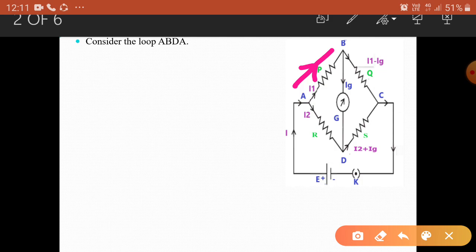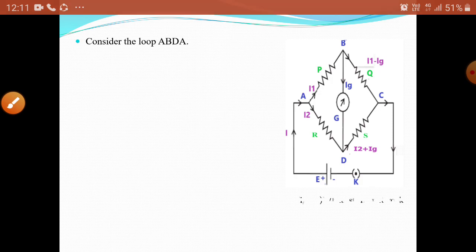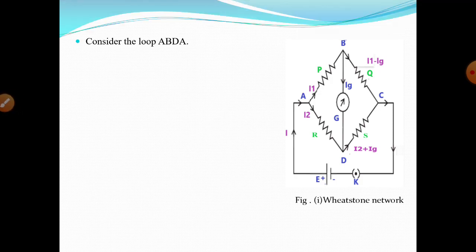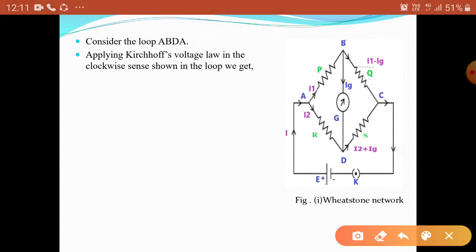According to Kirchhoff's second law, applying it to this loop ABDA in the clockwise sense, we can represent the current passing through the resistor P.